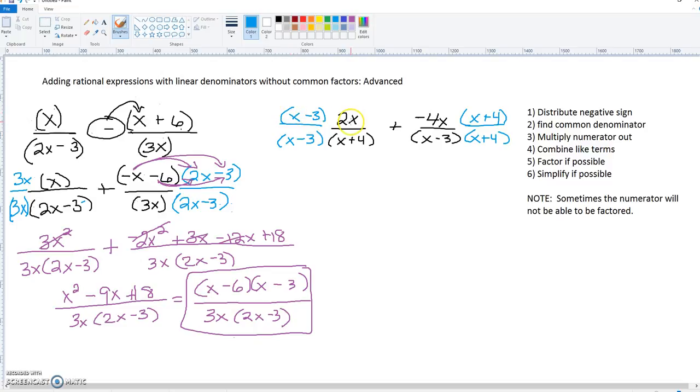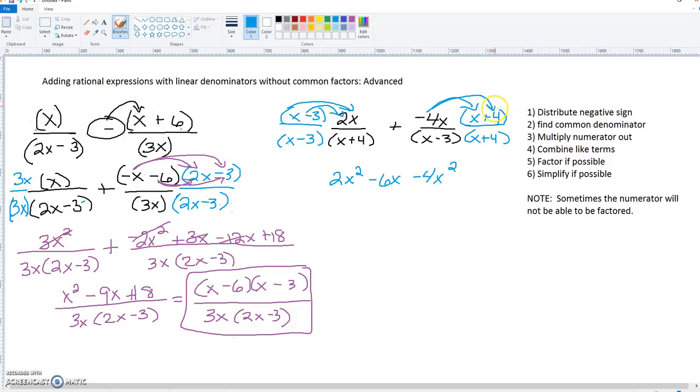Okay, so x times 2x is 2x squared. Let me draw the arrow so that you can see. Negative 3 times 2x is negative 6x. Multiply this, we've got negative 4x times x gets us negative 4x squared.